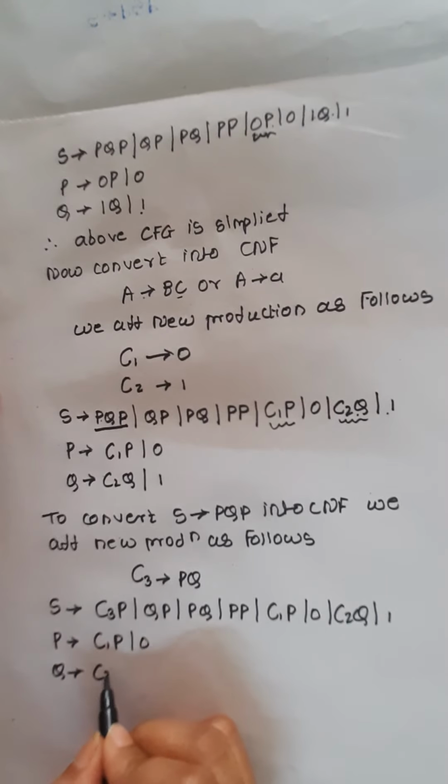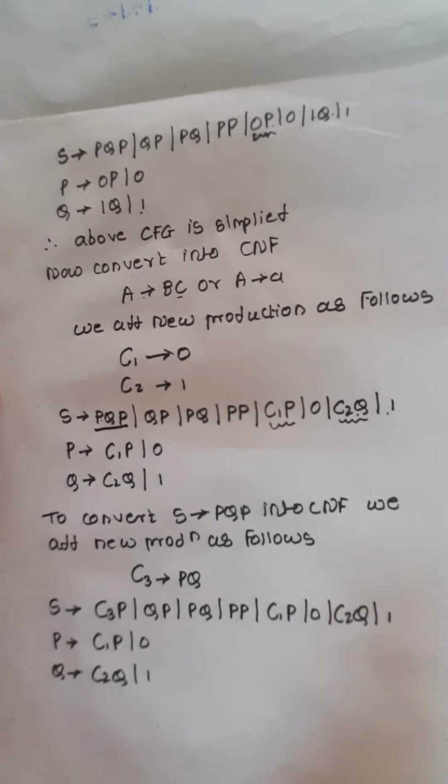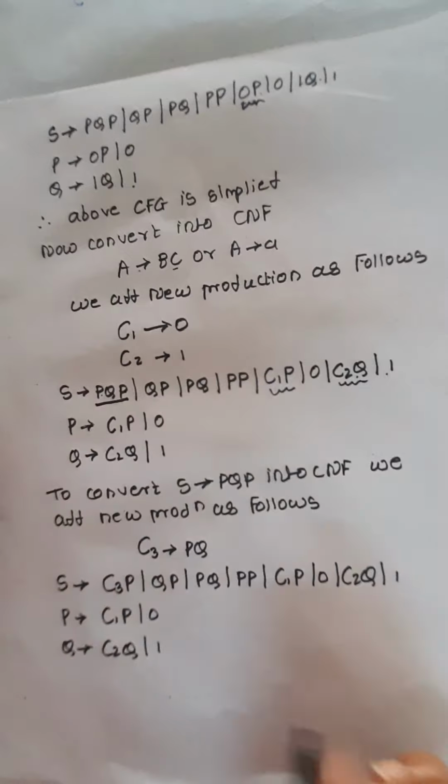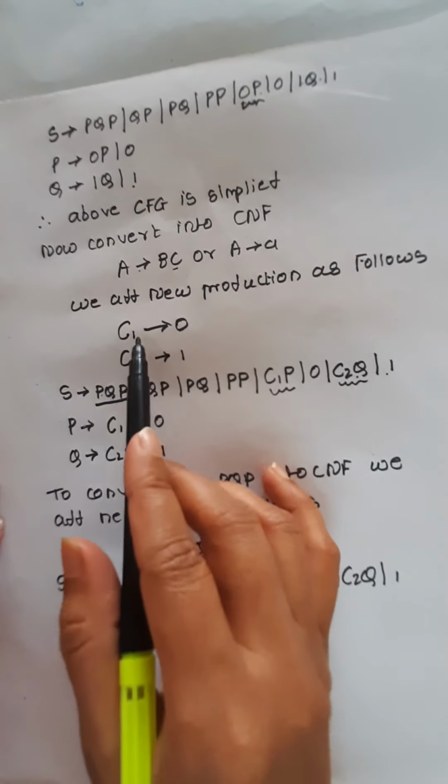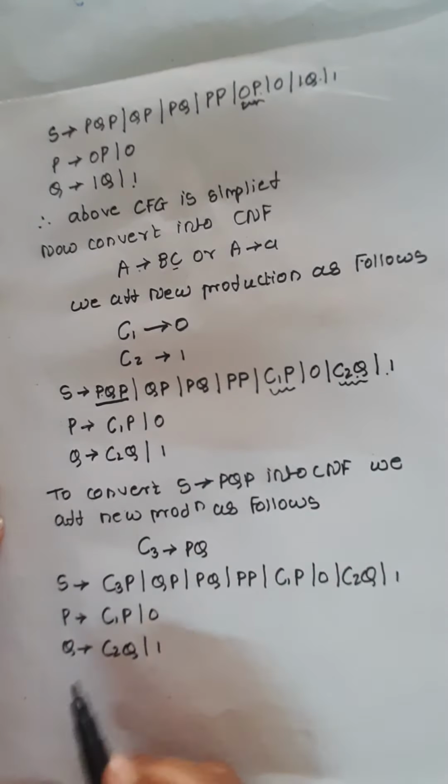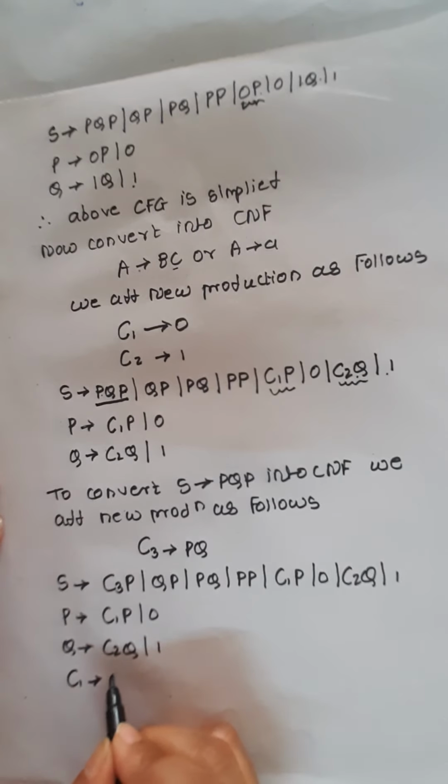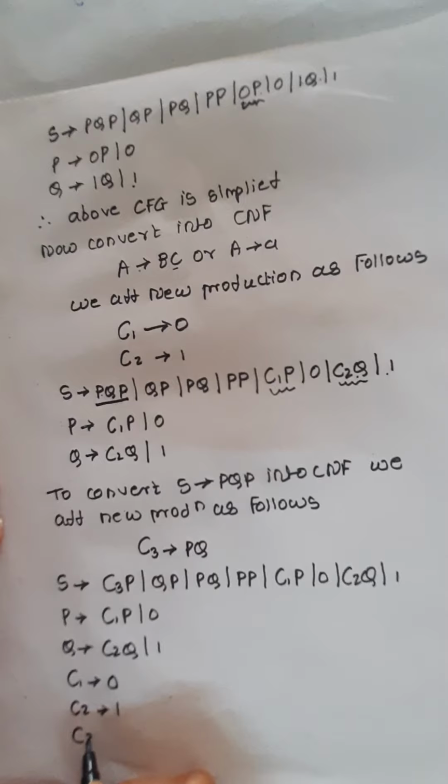Q, C2Q or 1, and also you have to write down the newly added productions. So C1 generates 0, C2 generates 1 and C3 generates PQ.